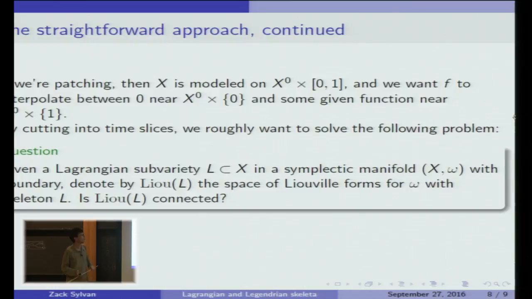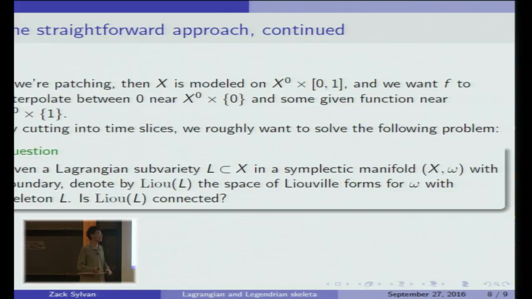So the question that I want to ask is, if you have some Lagrangian subvariety in a symplectic manifold with boundary, consider the space of Liouville forms with that Lagrangian subvariety as its skeleton and omega as the derivative. So we've specified the skeleton, we've specified the symplectic form, and all we're allowed to do is change the actual 1 form. But we always need to have convexity.